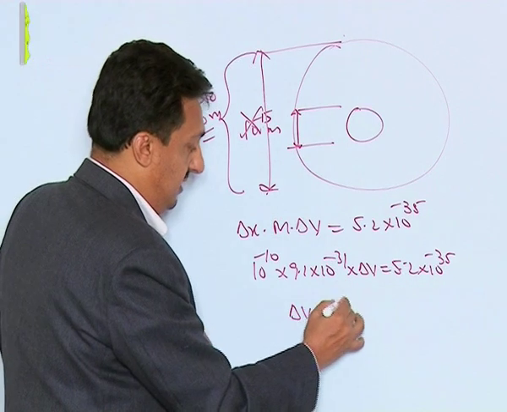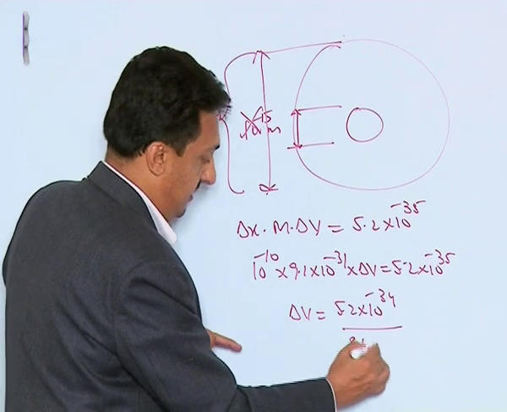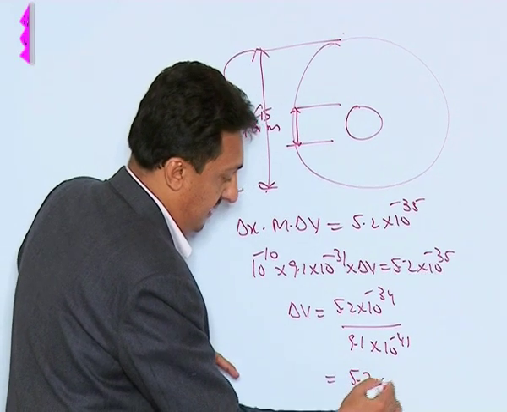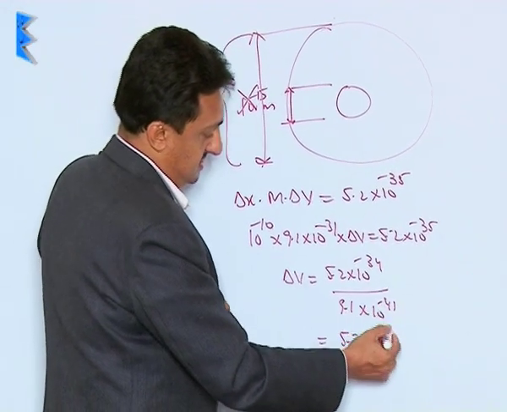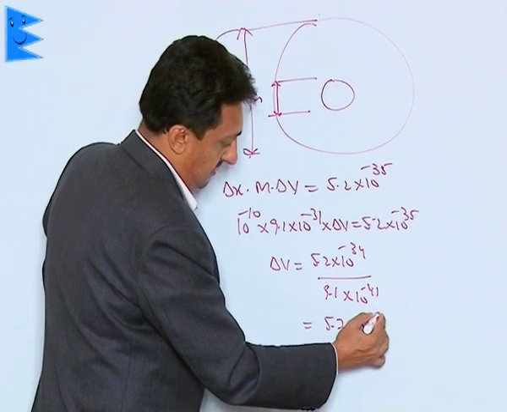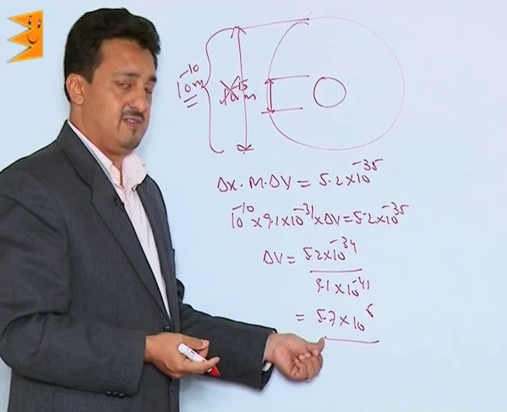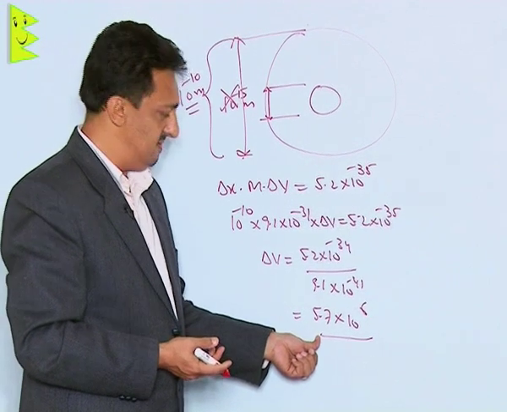So delta v is 5.2 into 10 to the power minus 35 upon 9.1 into 10 to the power minus 41. So this will make it 5.7 into 10 to the power 5, nearly 6, which is fine. We know that the velocity of the electron inside the atom is about 2.18 into 10 to the power 6 meters per second. So it's fine.